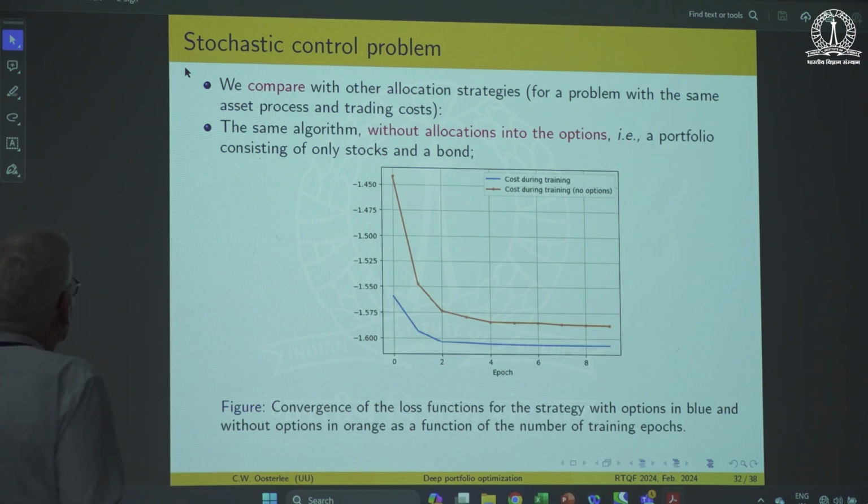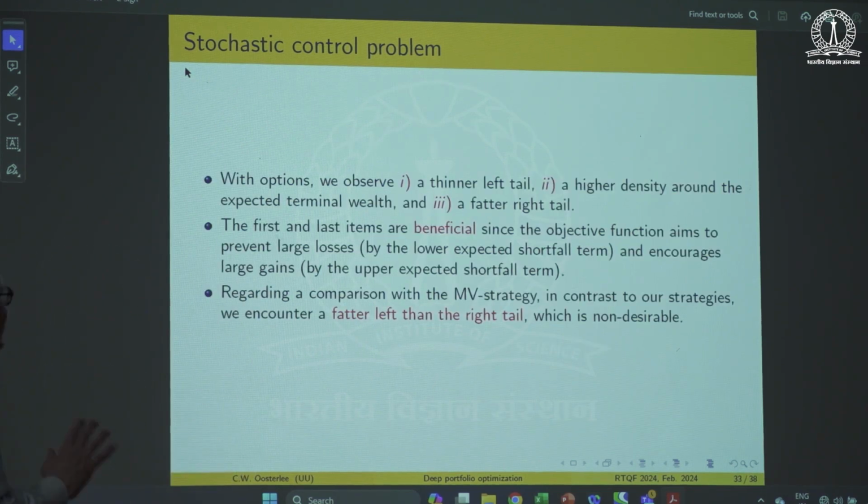I want to stop here maybe. So I want to say something about what we see. With options, we see a thinner left tail. So if we add options and the more general framework, we see a thinner left tail. We see a higher density around the expected terminal wealth. And we see a fatter right tail of the distribution.